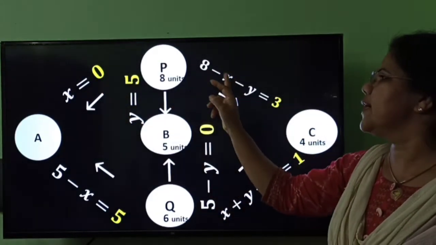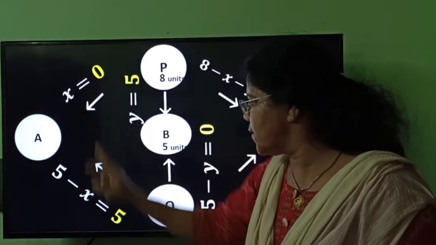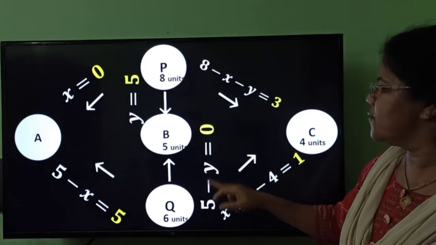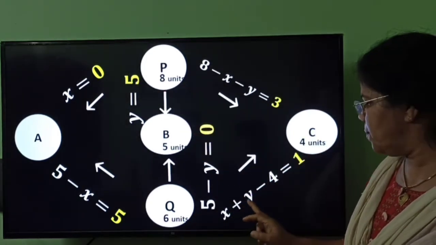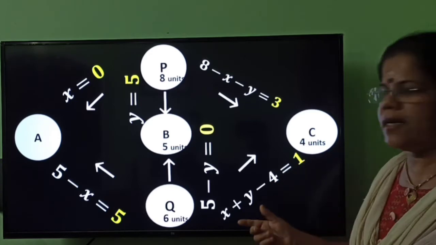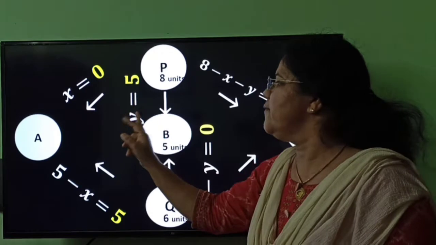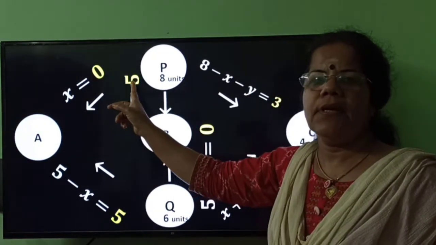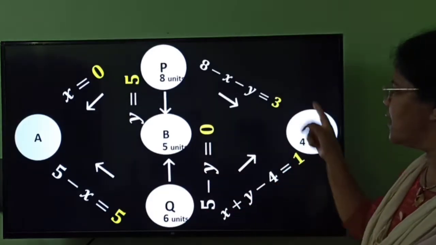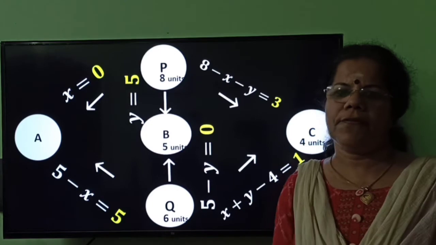Here you substitute 8 minus x minus y, 3. Again, 5 minus 0, 5. 5 minus y, 5 minus 5, 0. x plus y minus 4, 0 plus 5 minus 4, 1. I told you, all these calculations you can do. Only x and y we got from the corner point at (0, 5), so the remaining values we have calculated. Briefly, it is written in this graph, right?